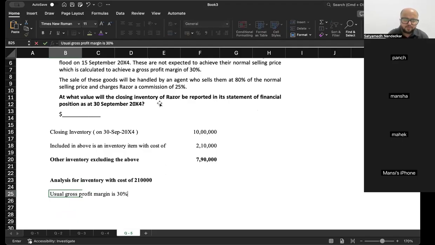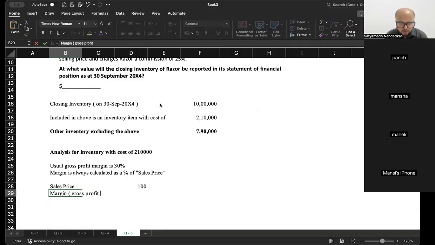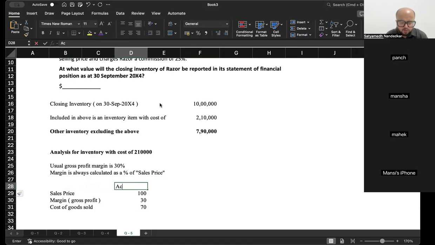Margin is always calculated as a percentage of sales price. So sales price 100, margin, that is gross profit is 30. So cost of goods sold is 100 minus 30. So this is assumed. These are assumed numbers.